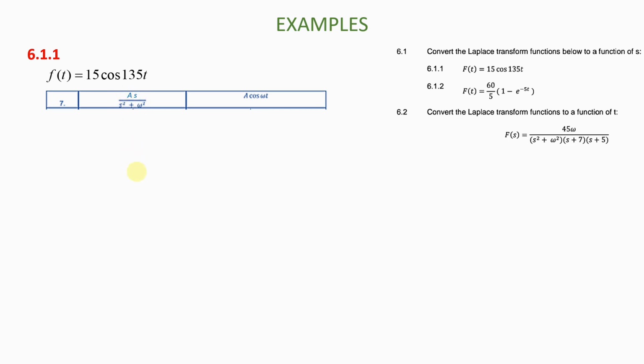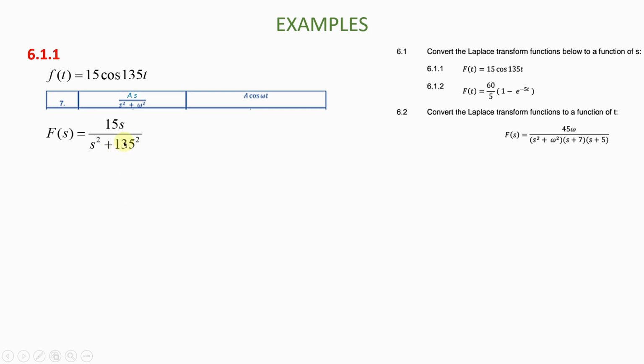Okay, very, very important. And so what is A? Again, A is 15, and omega is 135. And so we can just quickly write F(s), and it's going to be 15s in the numerator because A is 15, divided by s squared plus omega squared, and omega is 135, so it's going to be 135 squared.